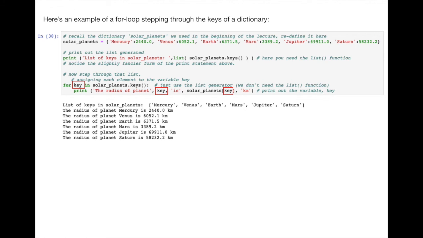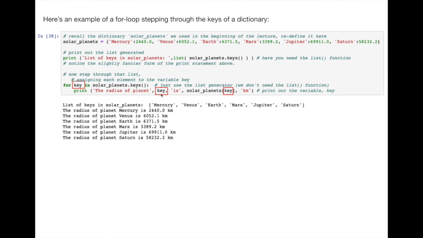So this is the output. And you can see that first of all, we print out the list of the keys. These are the names of planets. Then the first one is the radius of planet Mercury is 2,440 kilometers. So what happened here is that we start with Mercury. When the for loop gets called the first time, key is assigned as Mercury because key is in the keys.